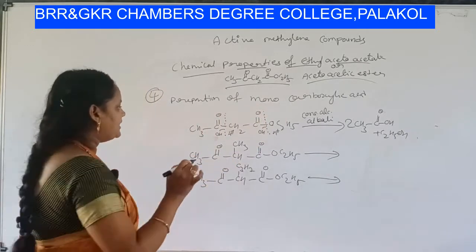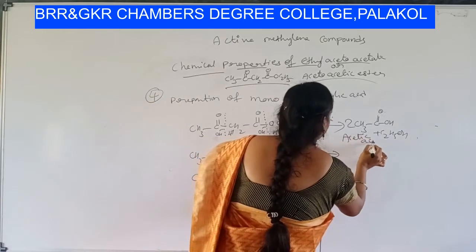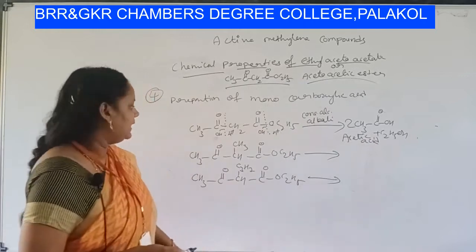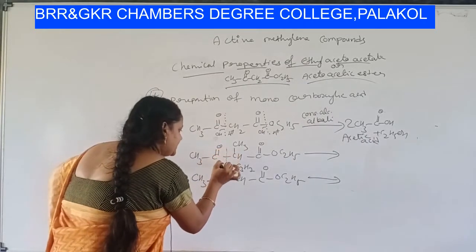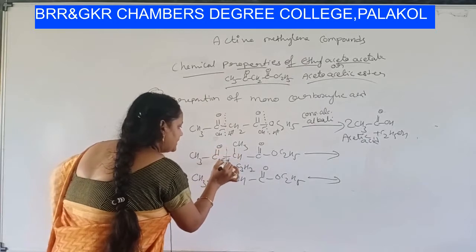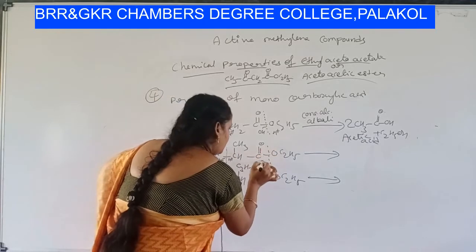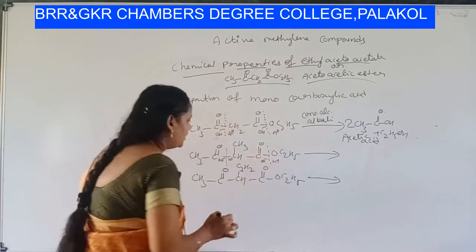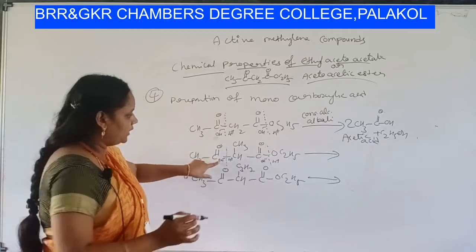Okay, what happens in this case? In this case, we are preparing propanoic acid. Which bond will get dissociated, students? This bond. Here, OH minus, here, H plus. Are you getting my point? Here also, OH minus and H plus. What is the product? CH3, C double bond O, OH.